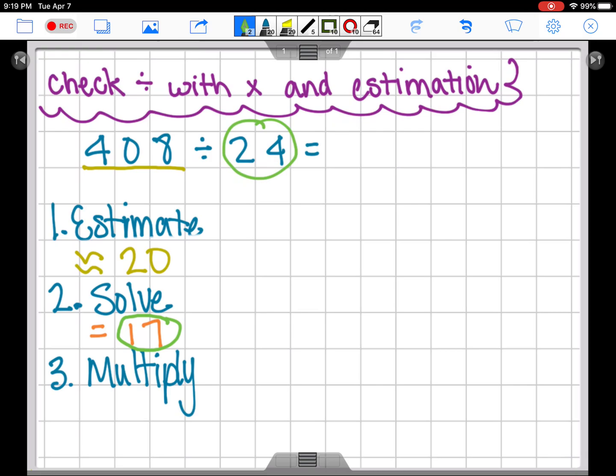And we need to use our divisor there. And hopefully, when we multiply these two numbers together, we will get this number right here, the dividend. Alrighty, let's give it a go. 24 multiplied by 17. Because my product that I have on the bottom here has 2 digits, we know I'm going to have 2 partial products.